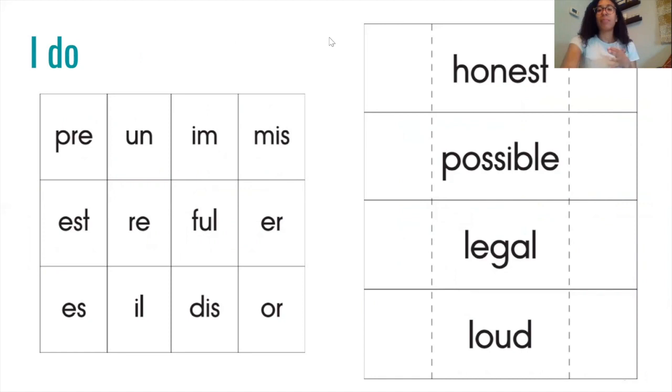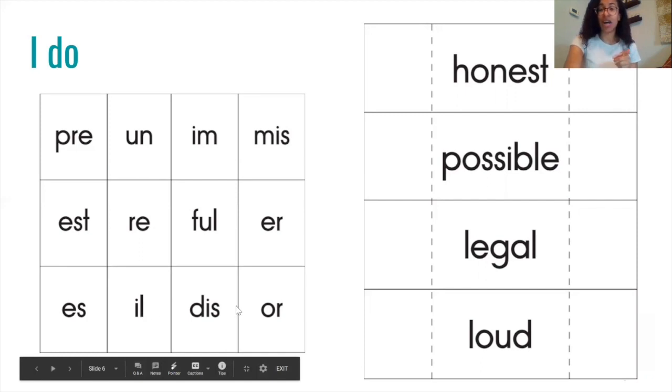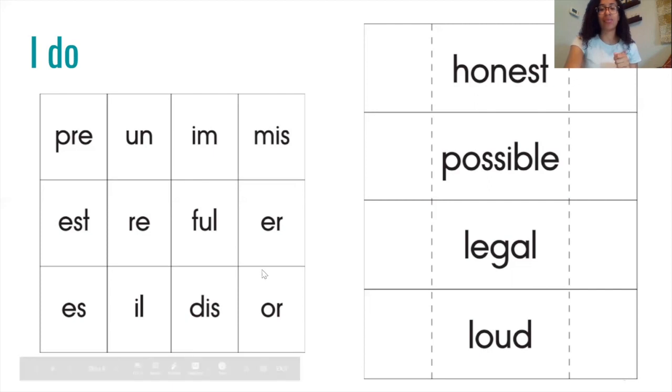So I'm looking at the base word honest first. I'm looking over at my affix choices, which are on the left, and I could plug in one by one, right? I could plug and chug and say pre-honest, unhonest, im-honest, mishonest. We even have some suffixes here. Honest-est, I know that's not a word. Ill-honest, dishonest. Ooh, I know that's a word. Now, I definitely know dishonest is a word, so I'm going to put that right in front of my base word and create dishonest.